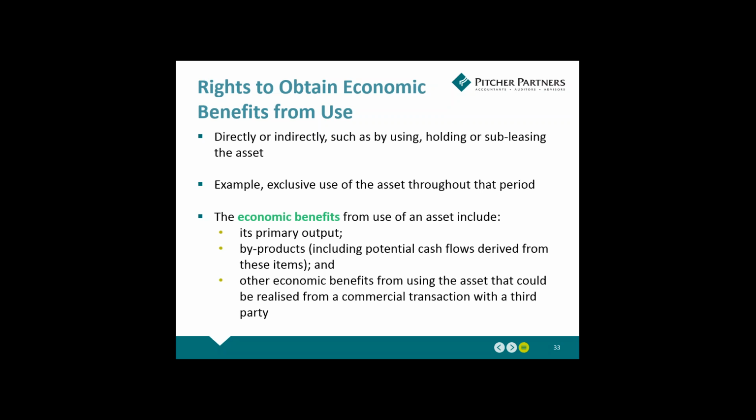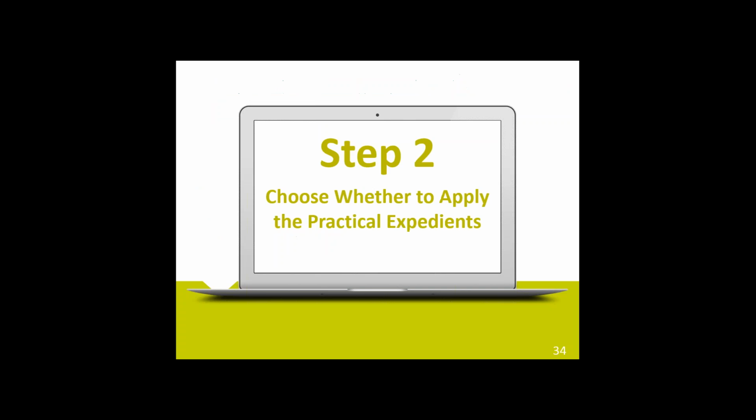So byproducts, you're manufacturing one item, there's also some scrap metal at the end, and you sell that scrap metal for cash. Now that's also an economic benefit. Or any other economic benefits from using the asset that could be realized from a commercial transaction with a third party. So economic benefits are a real wide definition.